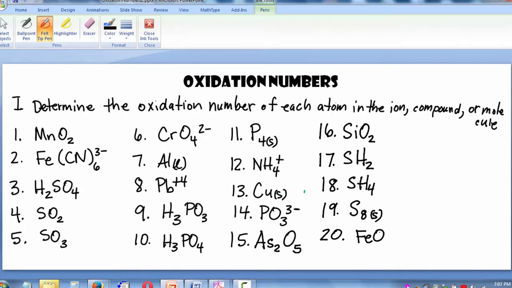So these 20 will be due on Monday at the end of class. Please show all your work and how you came up with the oxidation number of the unknown atom.